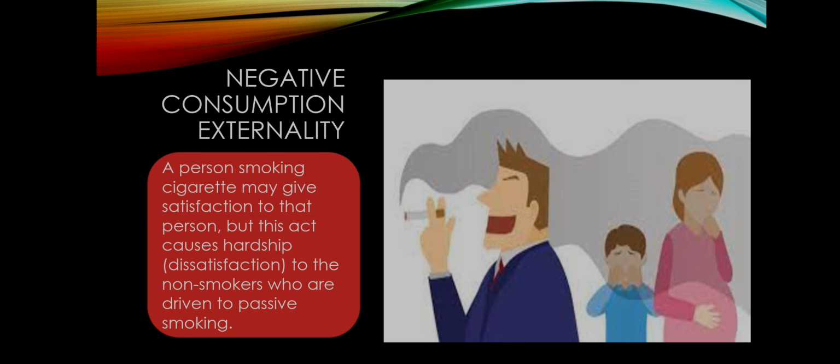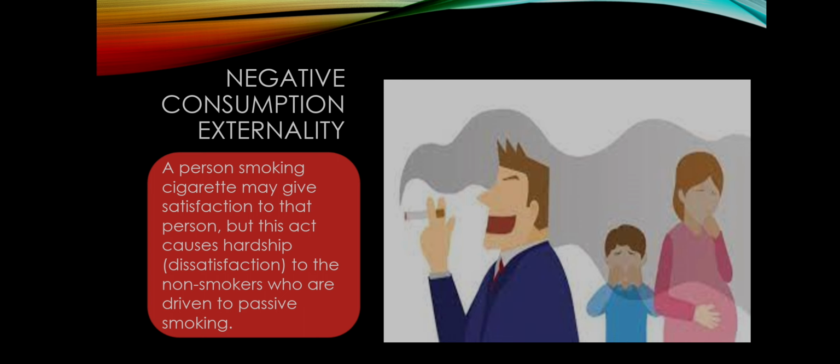Smoking. Suppose an individual is consuming a cigarette. It will give utility to him, for his benefit, for his satisfaction, he is smoking. But the persons around him may be driven to passive smoking. They will be facing hardship out of smoking.